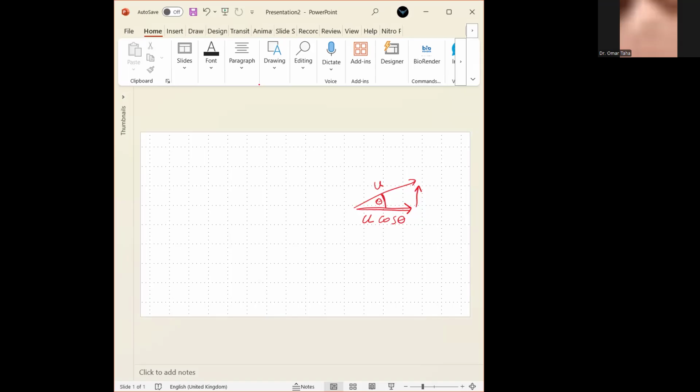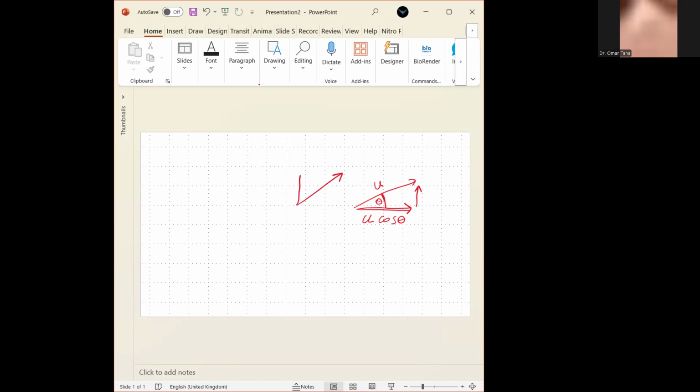You can actually put it on the other side if you would. So this component over here, it could be there. It's the same thing. Here you're also going to say u sine theta. All right, now let's see all the possibilities here and check if we have the same component going that way.